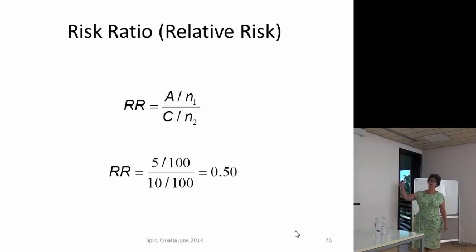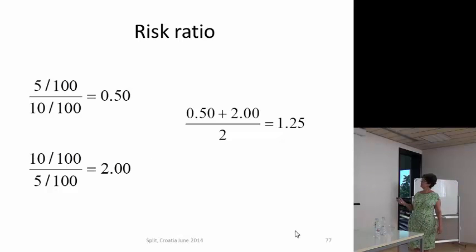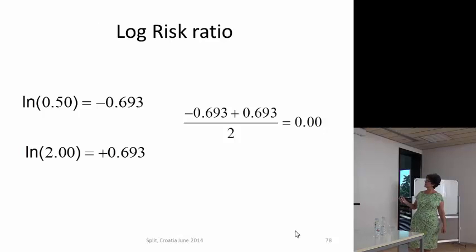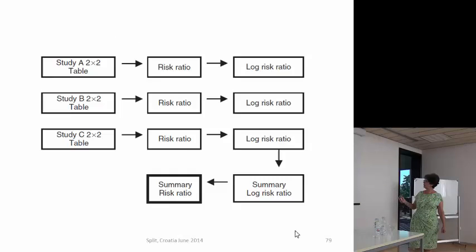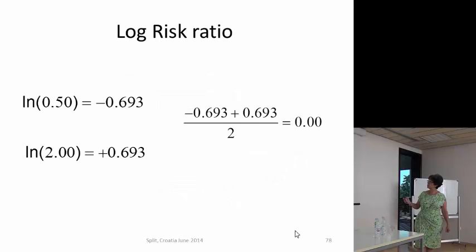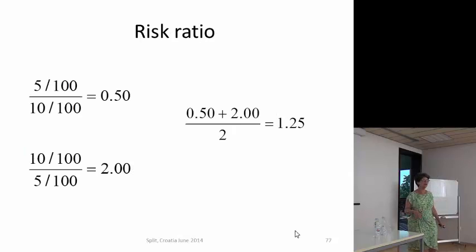One of the problems with the risk ratio is that it's not, what's the word, transitive. So if we talk about the risk ratio, we can get a situation where you have twice the risk in the control group of, let's say, whatever terrible disease it is, compared to the treated group, right?